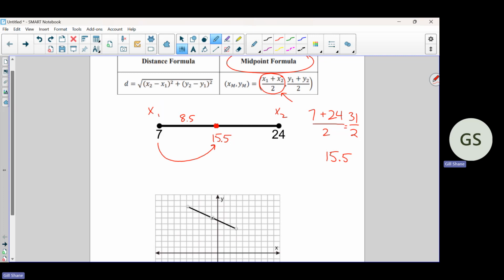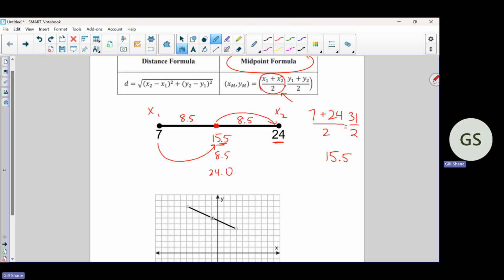You can just do subtraction on that. And then to go from here to here, if I added 8.5 again to that, I would get 24. Or I could just say 24 subtract 15.5. Either way, I get another length of 8.5.